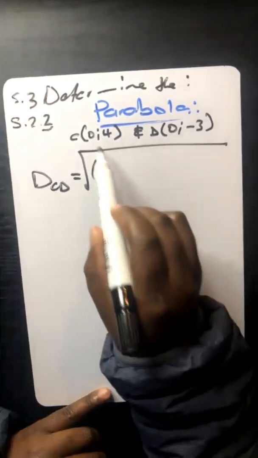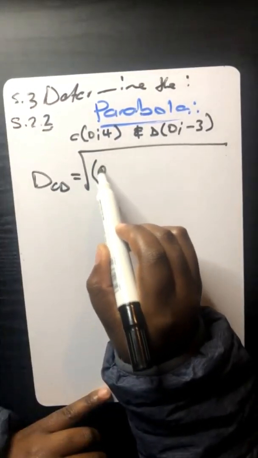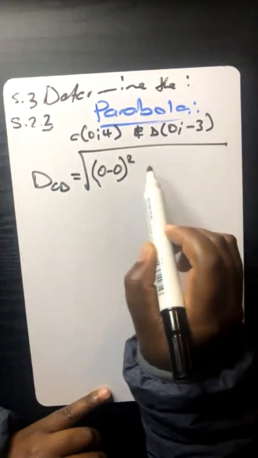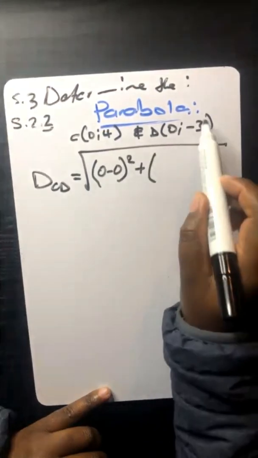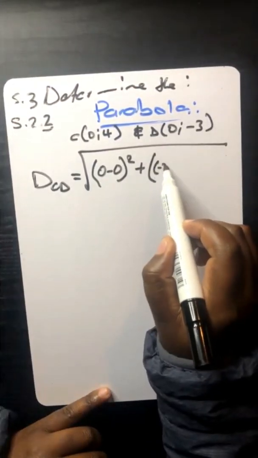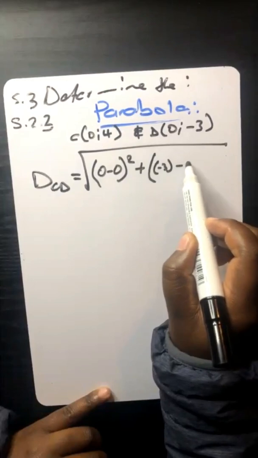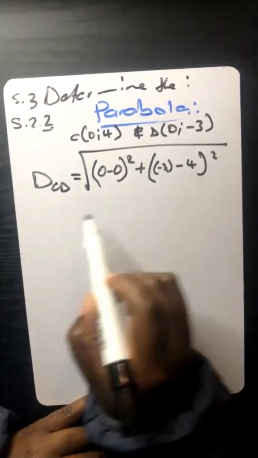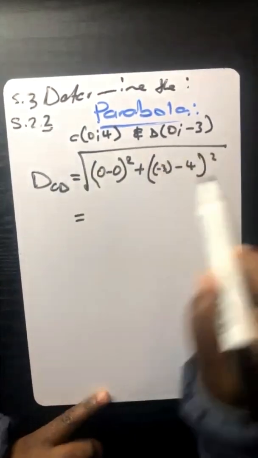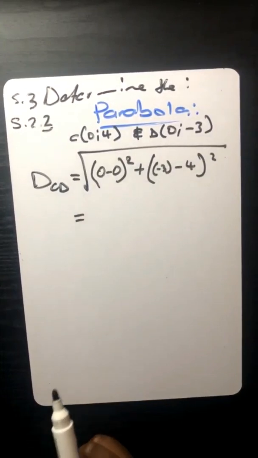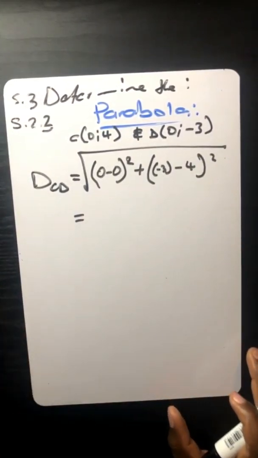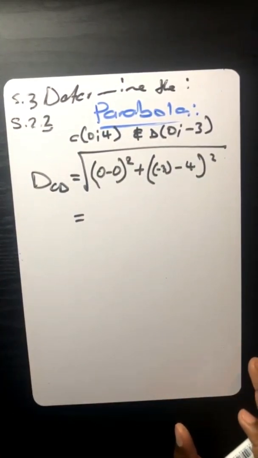What is x2? x2 is 0 minus 0 squared, then plus what is y2? y2 is -3 minus 4 squared. Then when you punch all of this, what are you getting? It's 7 units.